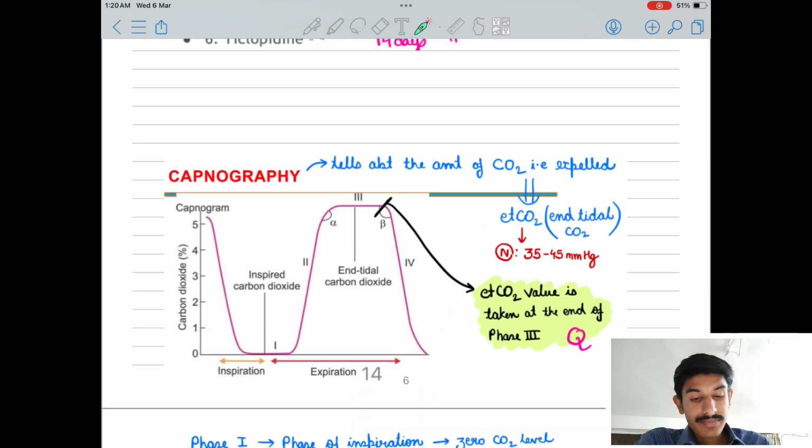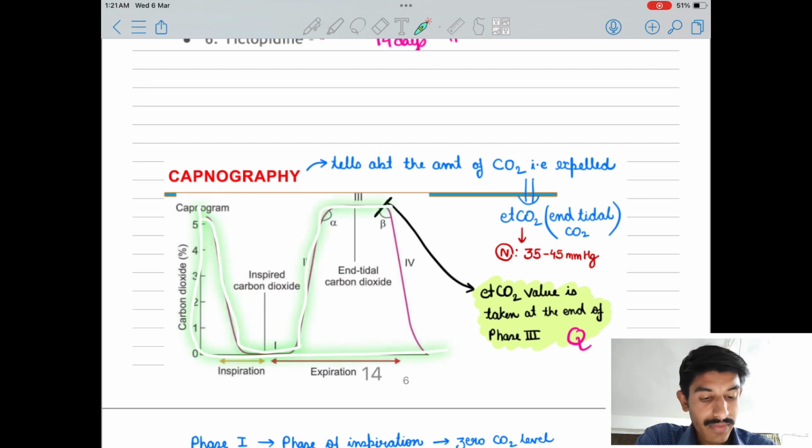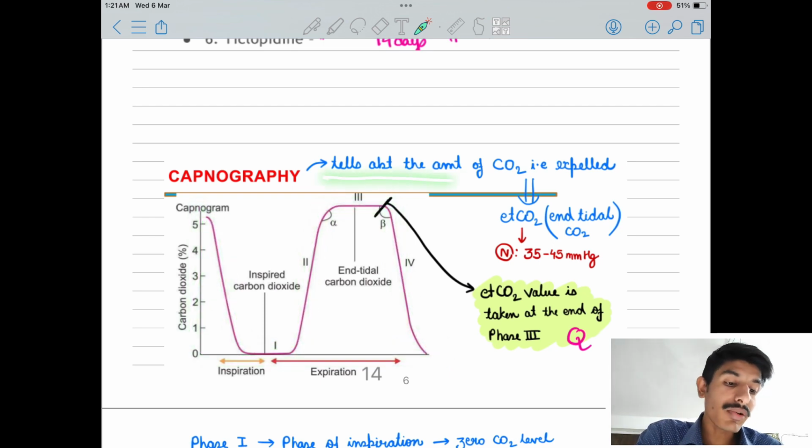As you can see, this is the capnograph graph. Here are the first, second, third and fourth phases. What does a capnograph tell? It tells about CO2 expelled from or inhaled into our body. Here you see inspiration and expiration, inspired carbon dioxide and tidal carbon dioxide.